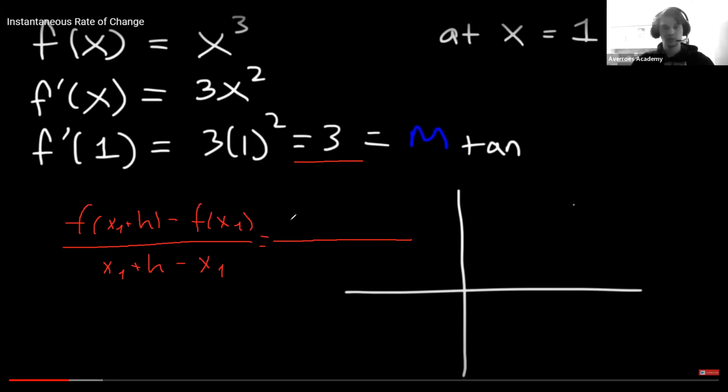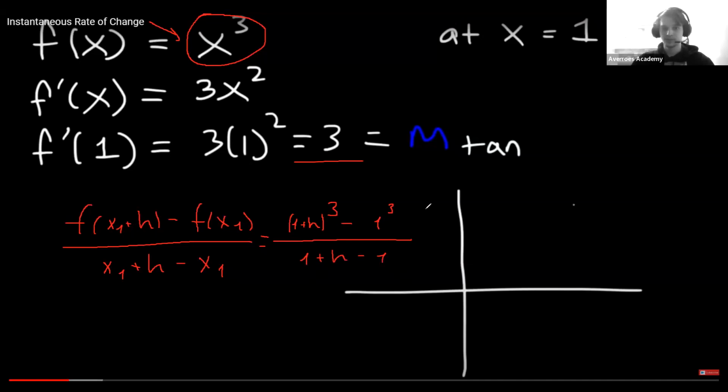First of all, let's take the value of the function at a point. At the point 1 it is going to be 1 plus h to the third power, because this is our initial formula, right? We're sticking in the value of x, subtract 1 to the third power, and 1 plus h, subtract 1, right?